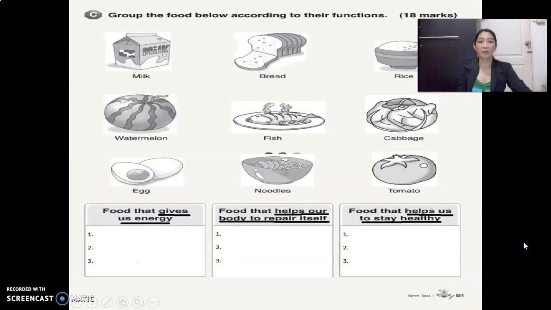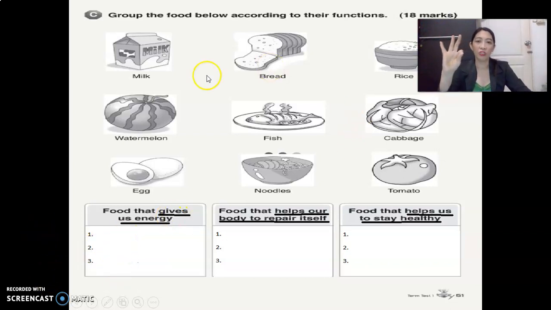Next, page 51. Letter C: group the food below according to their functions. Number 1, give us energy.